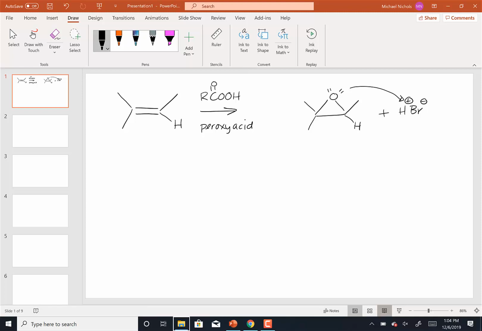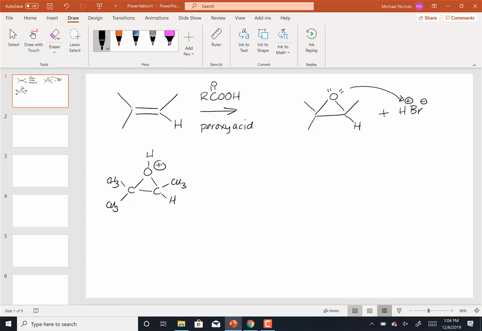So I'm going to protonate that oxygen, and I end up with a protonated epoxide. This is always the first step to opening up an epoxide right now. Next semester, we'll do it with a base, but not now. It'll be with an acid. So that makes the oxonium ion.